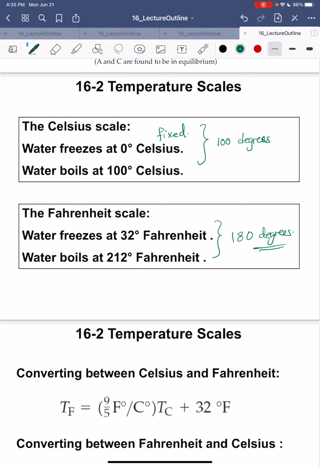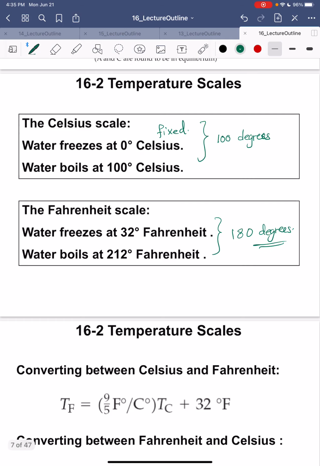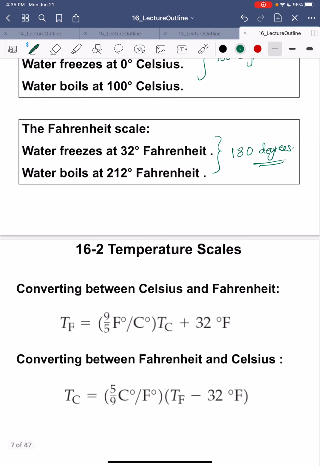Which means the size of the Fahrenheit degree is smaller than the size of the Celsius degree, because both have the same distance between the two fixed temperatures. Therefore, when we convert between Celsius and Fahrenheit, we need to consider that they are not equal.